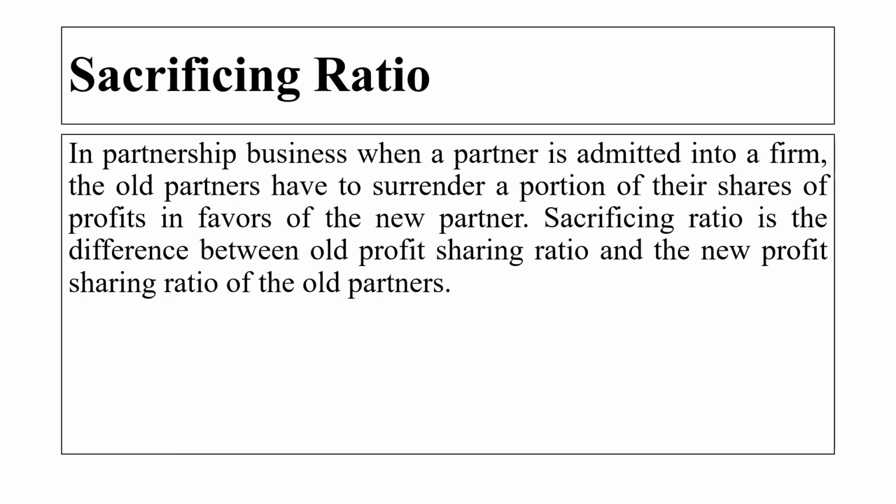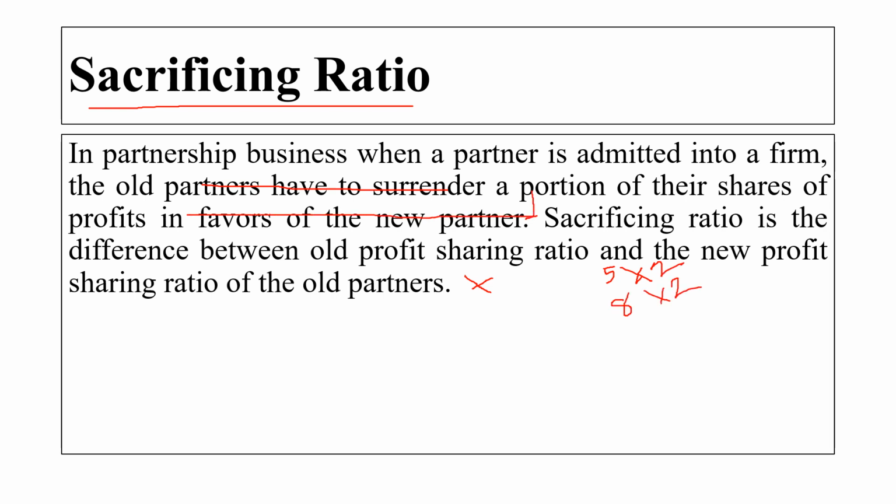Another important topic here is the sacrificing ratio. Please understand this because you might receive a practical question on this topic. In a partnership business, when a partner is admitted into the firm, the old partners have to surrender a portion of their share of the profit in favour of the new partner.